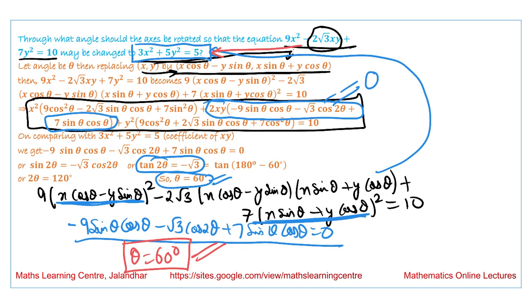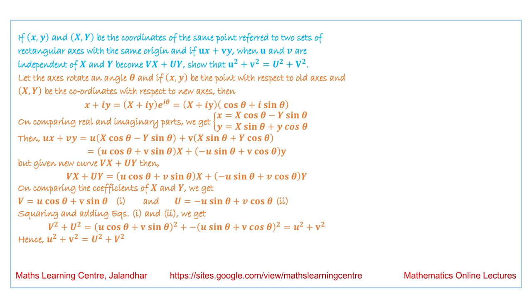Next question we have is, if small x, y and capital X, Y are the coordinates of the same point referred to two sets of rectangular axes with the same origin, and if ux plus vy, where u and v are independent of x, y, becomes capital V X plus U Y, show that u square plus v square is equal to capital U square plus capital V square.